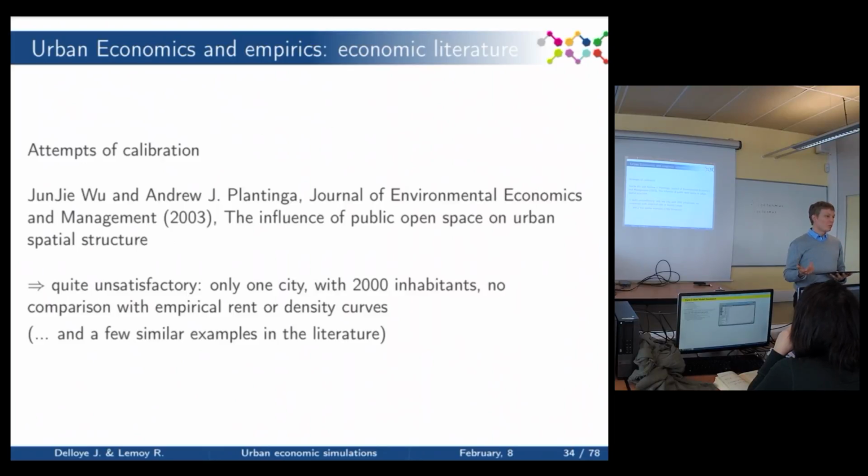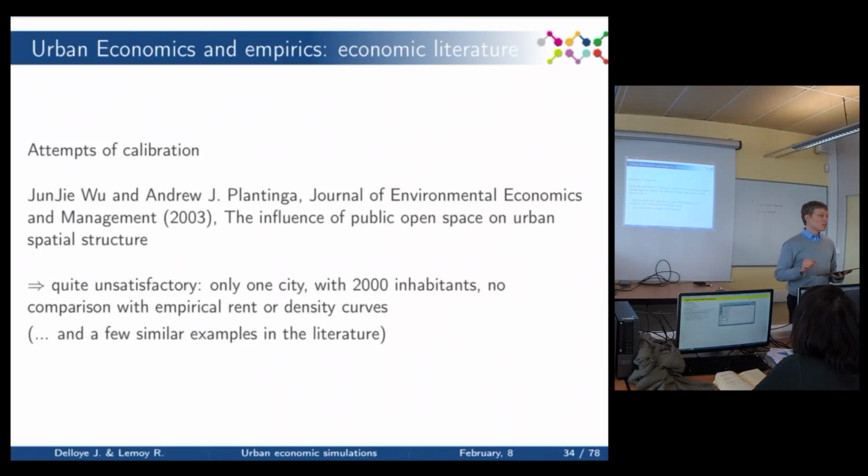And they don't really compare empirically the rent curve and the density curves with the theoretical results. But at least they try to give a value for all parameters. For instance, the income, they take the average income of the city, the transport cost, a cost per kilometer, etc. That's already something. Most papers just do theoretical work with no comparison to empirics whatsoever.